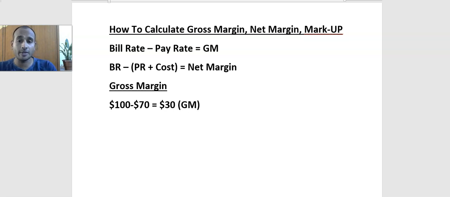Now let's focus on net margin. $100 bill rate and $70 is the pay rate, plus let's say the overhead cost, the burden, is 10%. So what is that going to do? 10% of $70, you are going to calculate.